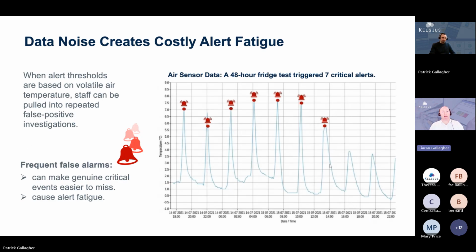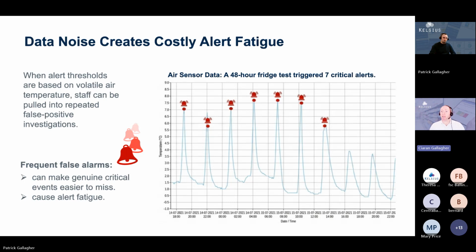Thanks. One of the big issues with a lot of temperature monitoring systems set up around air temperature is that it creates what's called data noise. It's a lot of unnecessary alerts, because air temperature rising is not on its own a threat to your product. This creates a lot of false positive alerts that can lead to what's classified as alert fatigue.